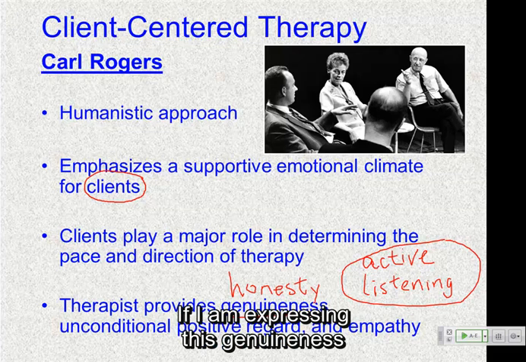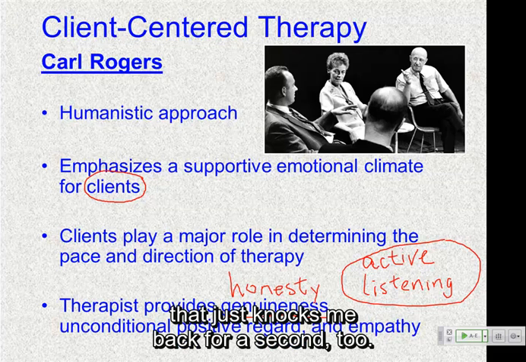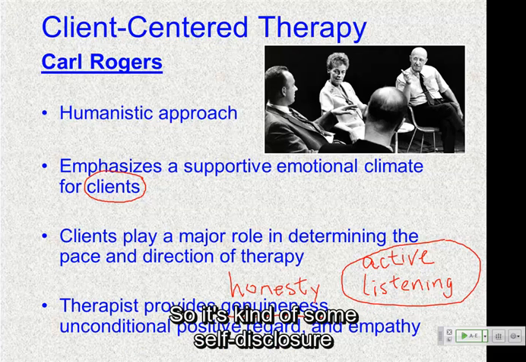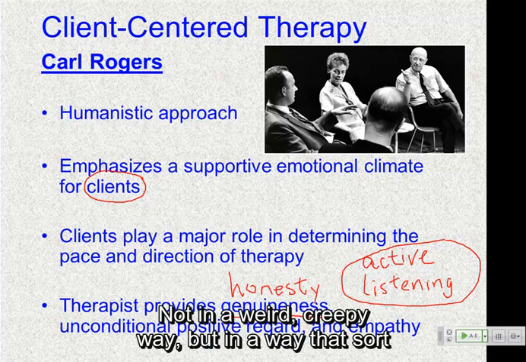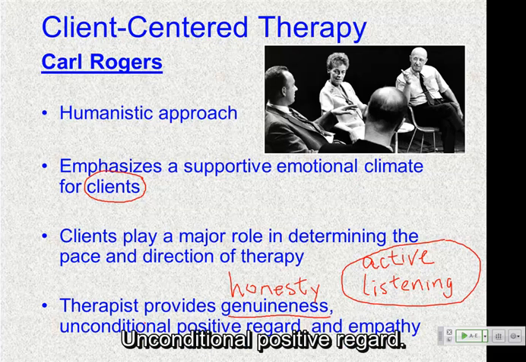If I am expressing genuineness as a client-centered therapist, I might say, wow, that just knocks me back for a second too. I can't believe that somebody would say something like that. So it's some self-disclosure of how you're feeling, not in a weird, creepy way, but in a way that expresses this genuineness.